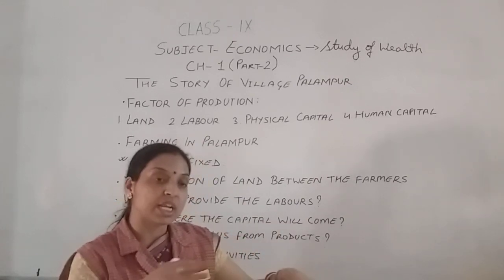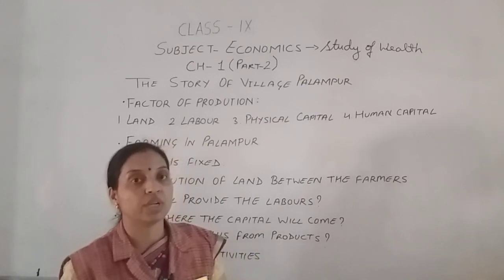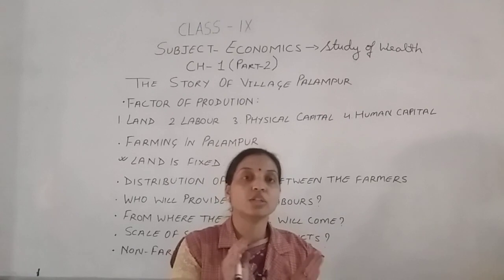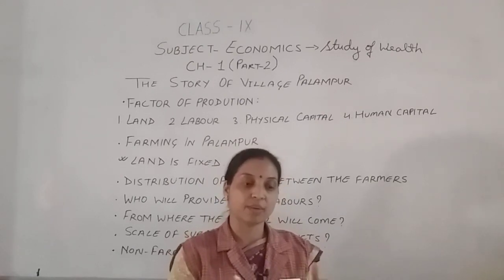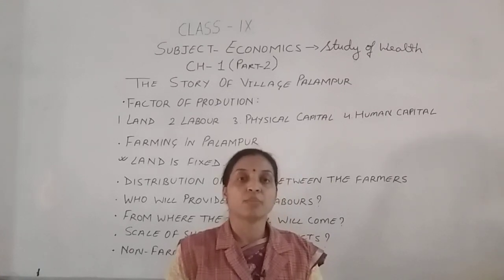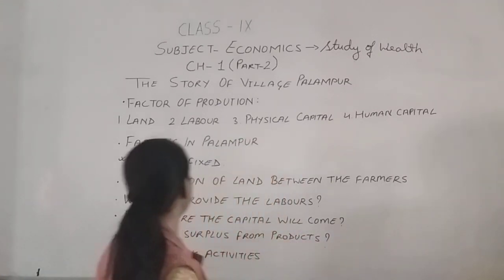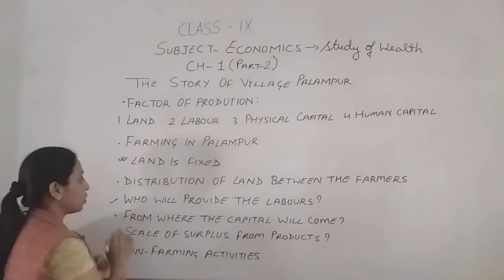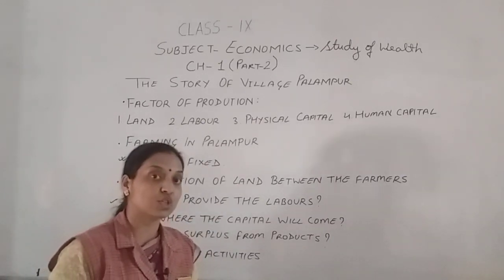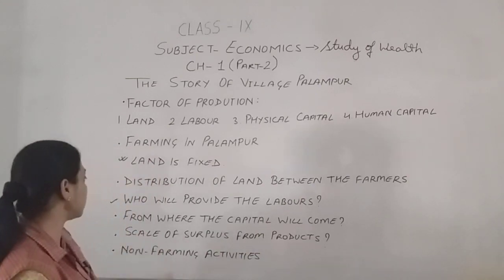From that group the need for laborers is fulfilled in village Palampur, and this labor is also divided into some categories, because some laborers are skilled, some are unskilled, so they work according to the production work. So you know the answer to this question, that the landless group provides the labor.